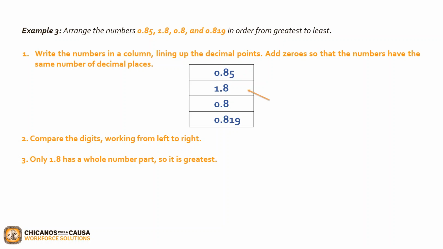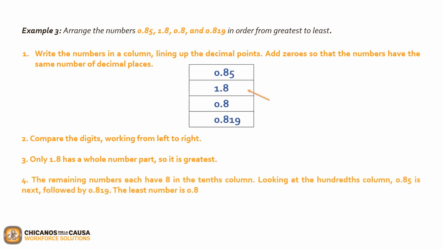So you can see that all of the remainder of the numbers start with 0 point, but only 1.8 has an actual whole number, which in this case is the 1. The remaining numbers each have 8 in the tenths column.